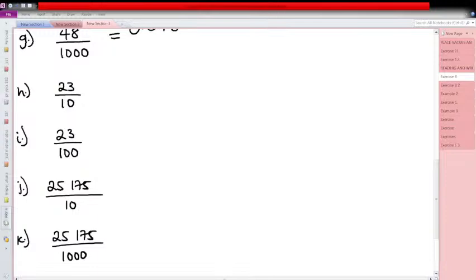Let me know which you are solving. Is it H or I? You always indicate H is equal to or I is equal to. If that is H, then you are correct. No, if that is H, you are wrong.